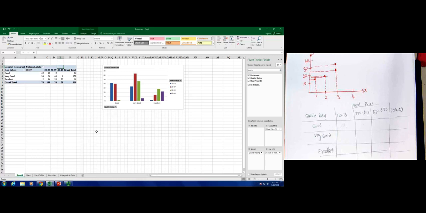And in reviewing the table, we see that the greatest number of restaurants in the sample, which is 64, have a very good rating and a meal price in the 20 to 29 price range. And only 2 restaurants have an excellent rating and a meal price in the $10 to $19 price range. And these are the insights we gain from these summaries.